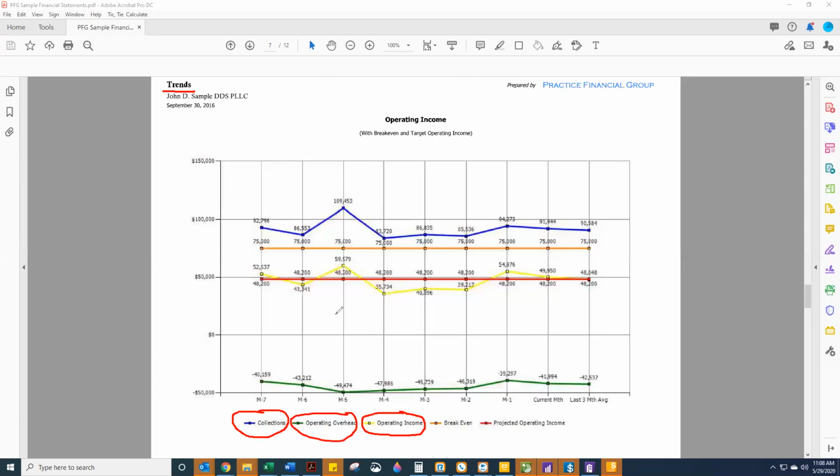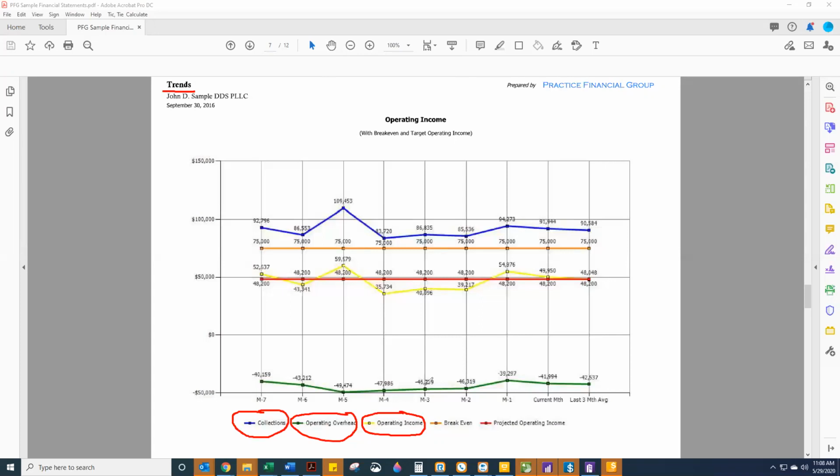And again, that's important because we want to project your taxes, we want to project cash flow, which comes from your operating income.